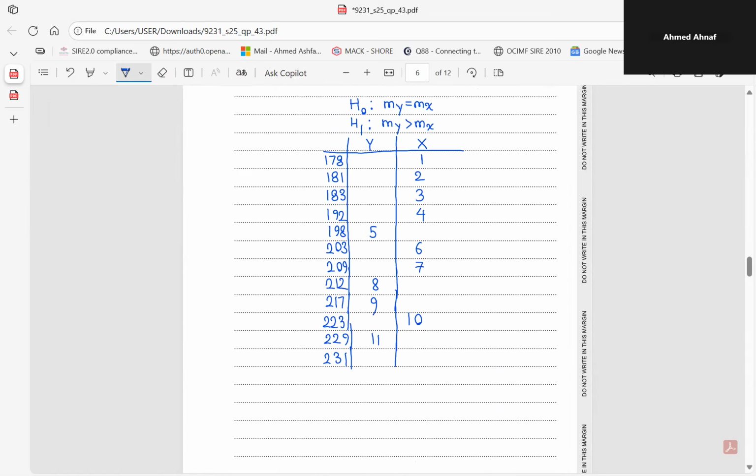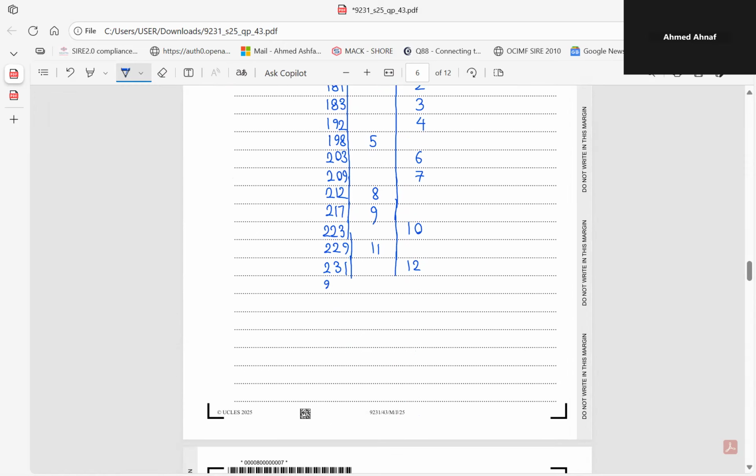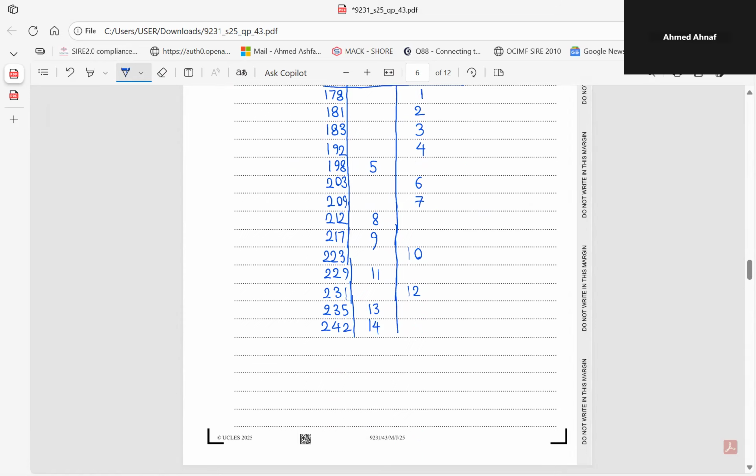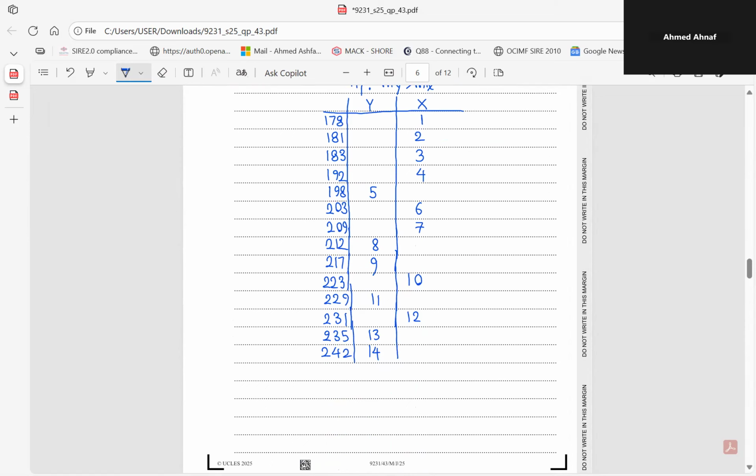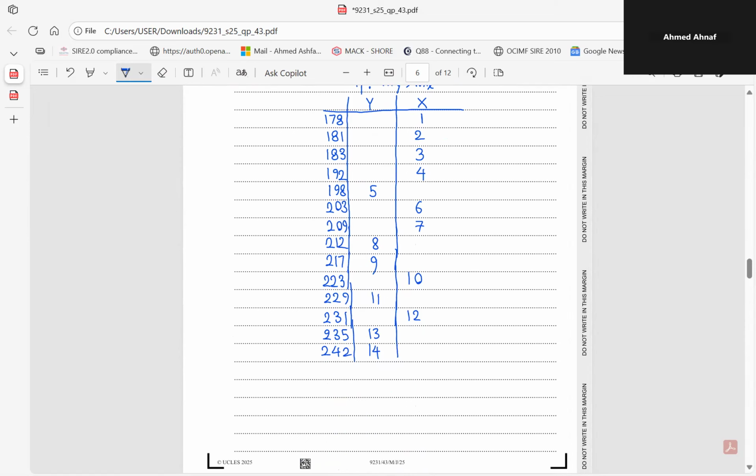We have two more, 235 and 242. They are both from the older people, so 13 and 14. Let's see if all our ranks are correct. So this is 6 people plus 8 people. That's 14 people together, so this is all our ranks.